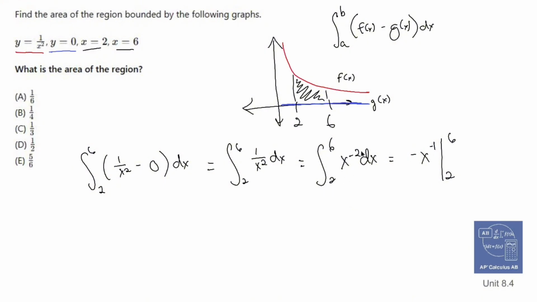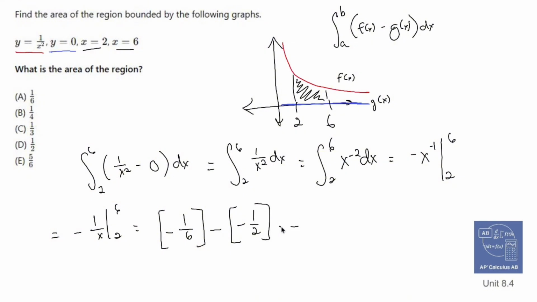So the integral of x to the negative 2 is negative x to the negative 1. Let's clean that up a little bit and make that look like negative 1 over x with the limits at 2 and 6. Now we'll plug in our limits of integration and do a little bit of mathy math. Negative 1 over 6 minus negative 1 over 2.